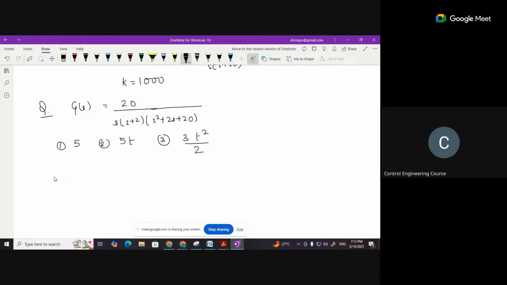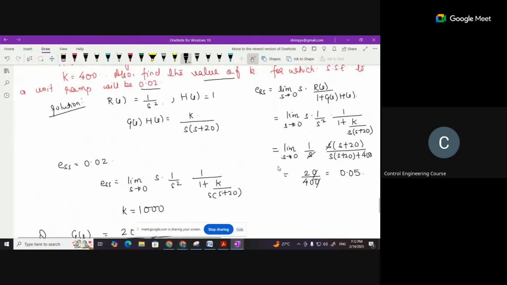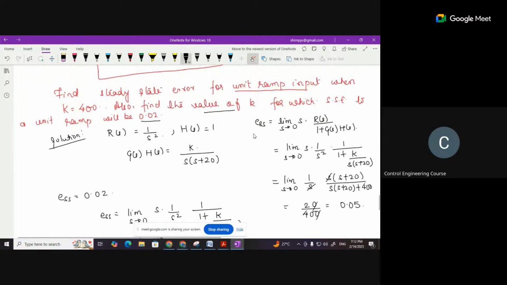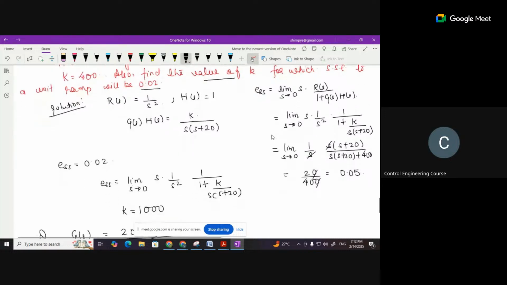So again, how will we proceed? That's why, Gaurav, I have done it from the basic expression, rather than putting Kv or Kp or Ka.